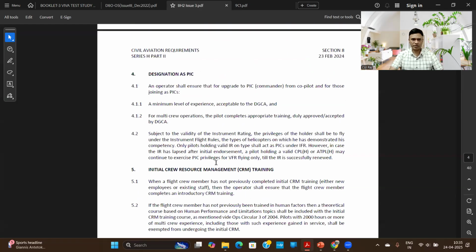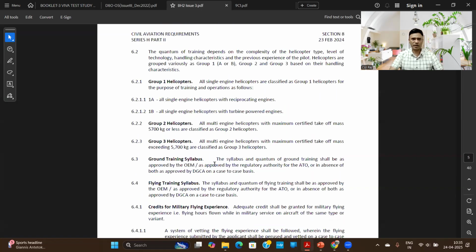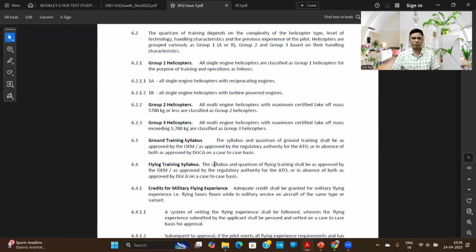And here, when you are going for special VFR, the helicopters have been divided into 3 categories. Okay, group 1 helicopters are all single engine helicopters with piston engines or turbine.